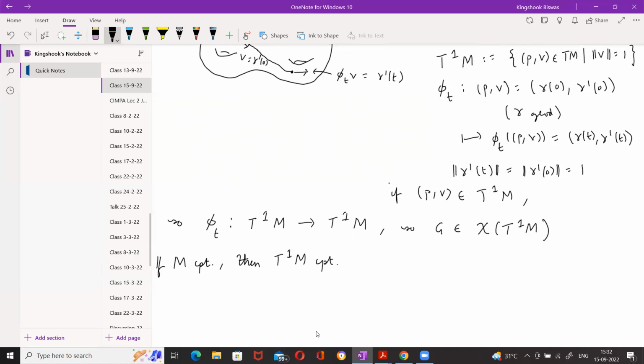So then T^1 M is compact. This implies that G is complete, because on any compact manifold, any smooth vector field is complete. And once you know that for unit tangent vectors the geodesics are defined for all time, then by homogeneity of geodesics, you get that for any tangent vector, the geodesics are defined for all time, right?